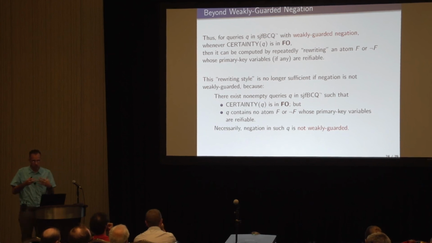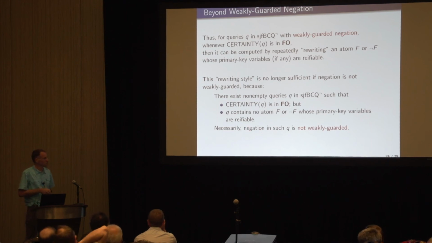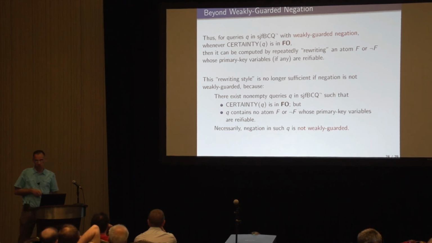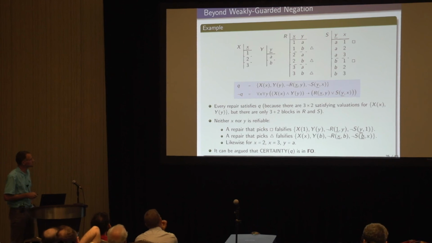So it means that the rewriting style we developed is no longer valid here. And any such query must have negation that is not weakly guarded. I show you an example here.